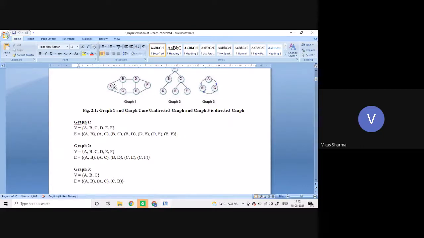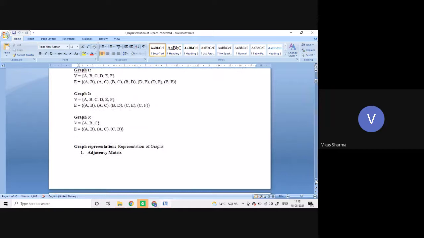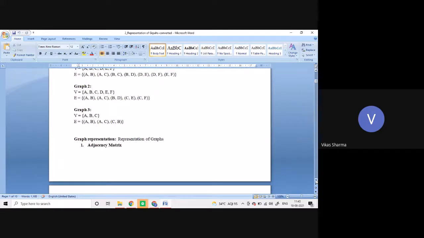AB is a pair of edges, AC is also a pair of edges, same as BC, and BD is a pair of edges, and E and F is a pair of edges. It is the same in graph 2 and graph 3. Remember, graph 3 is a directed graph, and the remaining two are undirected graphs.